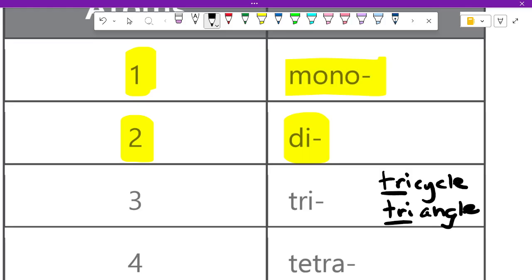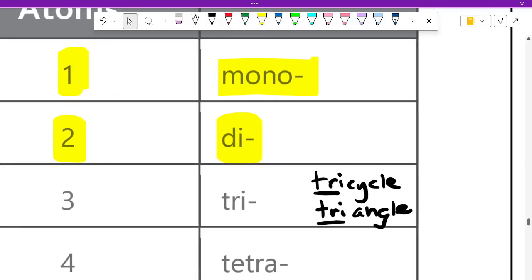Tetra is one of the ones that is more difficult. People have trouble remembering tetra. If you've ever played Tetris, their blocks are made of 4 squares. Yeah, so you might have something like this.